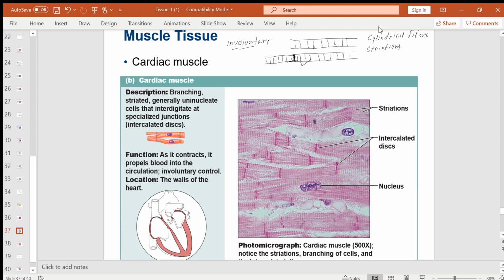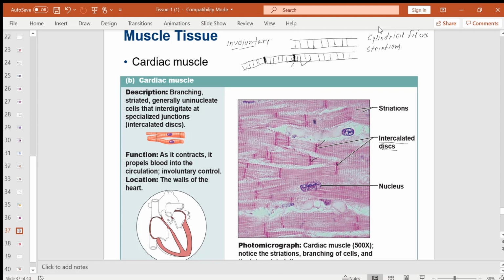So this is another fiber here. You see that the fibers are attached to each other by these thick bands called the intercalated discs. So here you can see the intercalated discs.